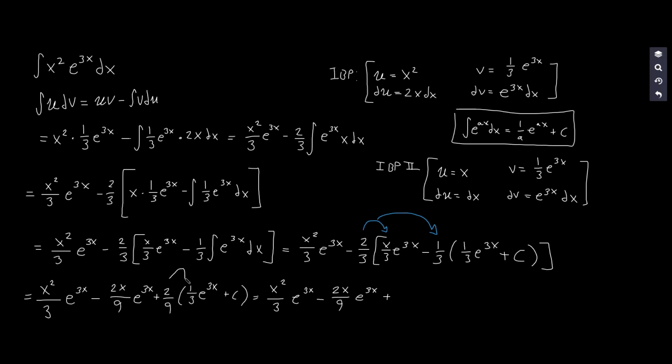Well, I have to distribute this 2/9 to 1 over 3 times e raised to the power of 3x. That's going to be 2 over 27, I'm pretty sure, times e raised to the power of 3x, plus c. And I'm trying to see, can I combine any like terms here? No.